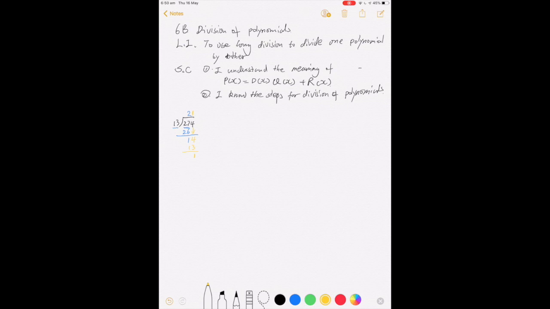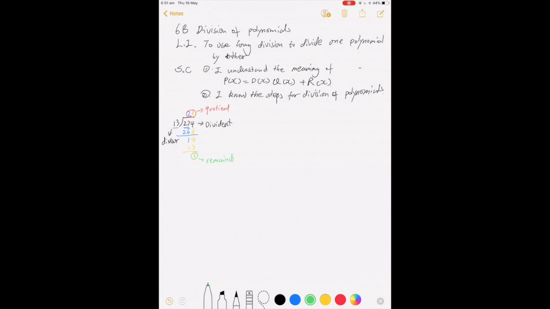Alright, a quick revision: 274 is my dividend, which is divided by 13, the divisor. The answer we got, 21, is my quotient. And here we have 1 remaining, and that's my remainder.